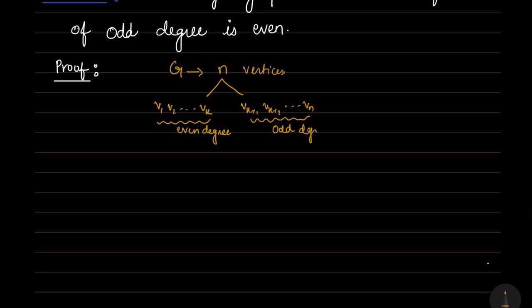So by the handshake lemma, the sum of the degrees of all vertices is twice the number of edges. So basically, the sum of deg(vi), for i equal to 1 to n, equals 2q, where q is the total number of edges in that graph.